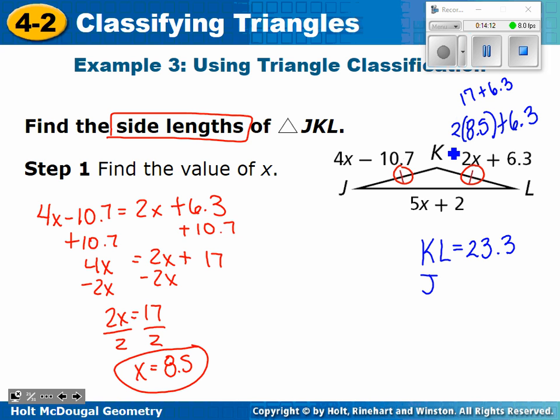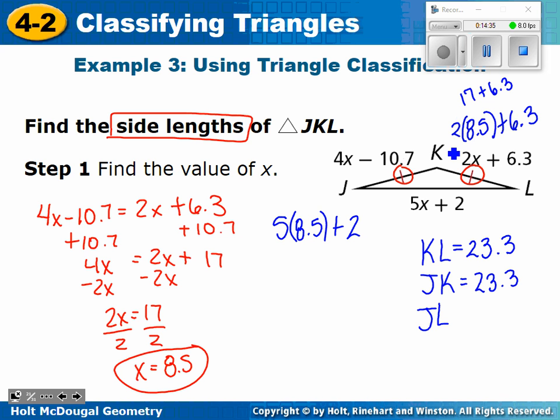So that means when you write your answer, KL is equal to 23.3. So is JK. It is 23.3. Remember that you do not put a line segment above KL or JK. You're giving me the distance. Distance does not have a line segment above it. And then we need to find JL. So let's plug it in here for 5x plus 2. 5 times 8.5 plus 2.